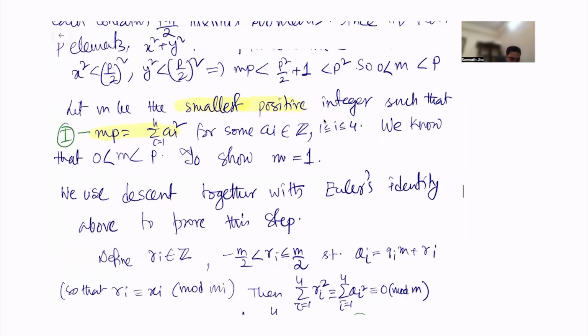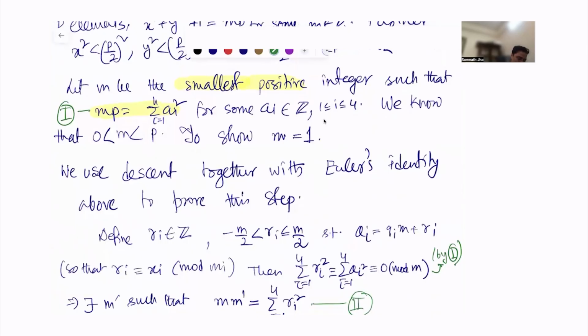So summation Ri square is congruent to summation ai square mod m, and that is equal to 0 mod m, because we had that summation ai square is 0 mod m. This step is by 1.